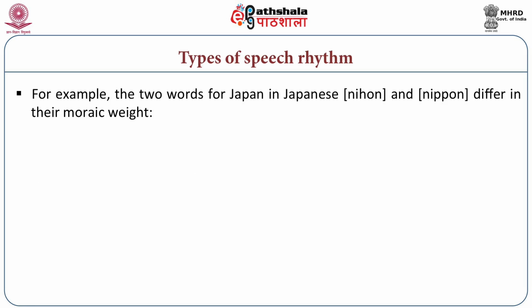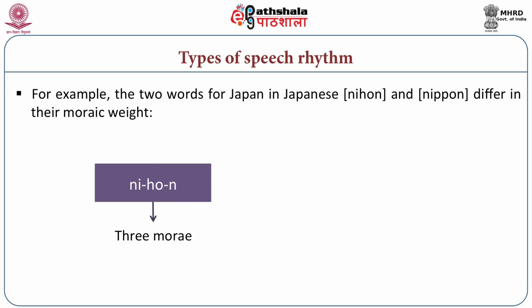Thus, the two words for Japan in Japanese, Nihon and Nippon, differ in two different Moraic weights. In Nihon, each Mora is like this. Ni has one Mora, and Ho is the second Mora, N is the third Mora. So there are three Moras.